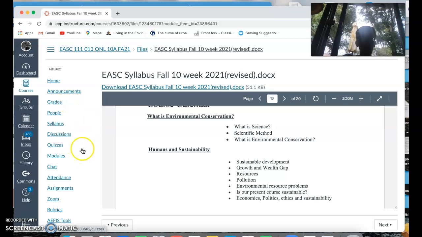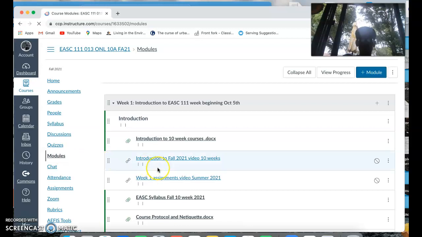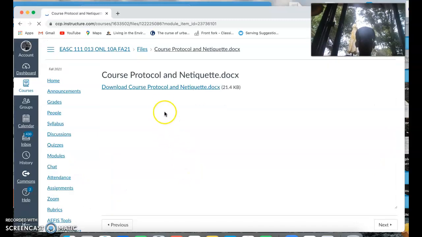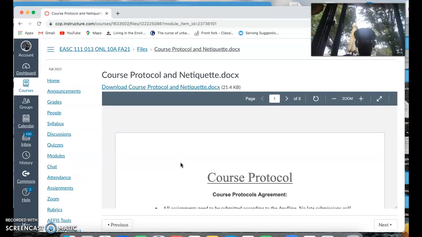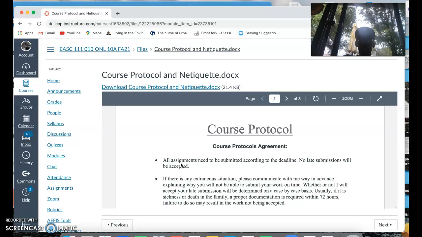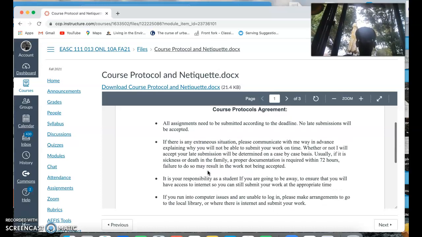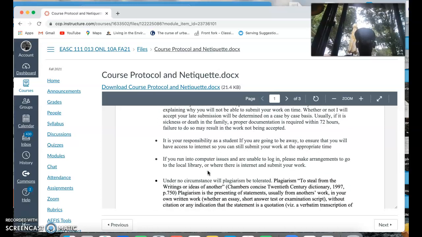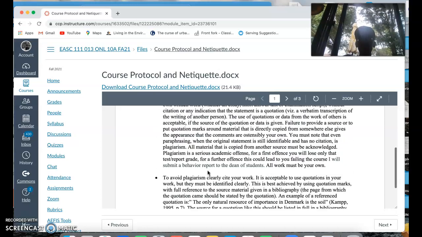Also, in the first week's notes, if you go back to modules, what you will see is a course protocol. This course protocol is an agreement that you are going to submit your work, for example, and be polite and not plagiarize.